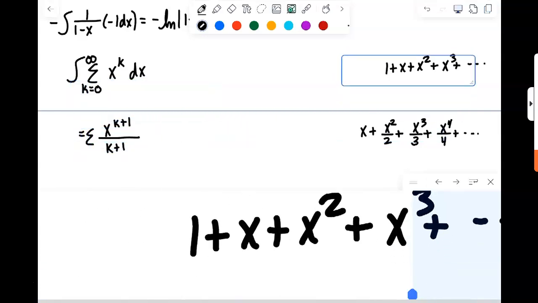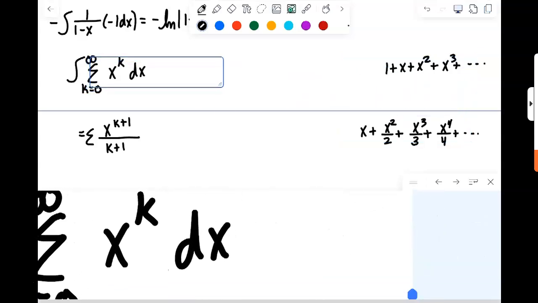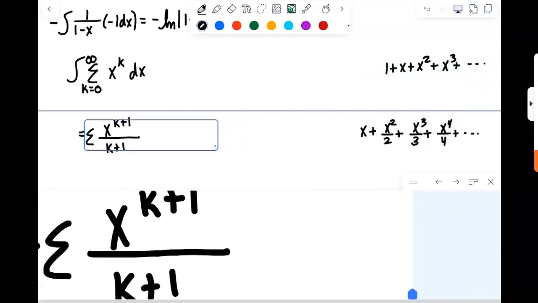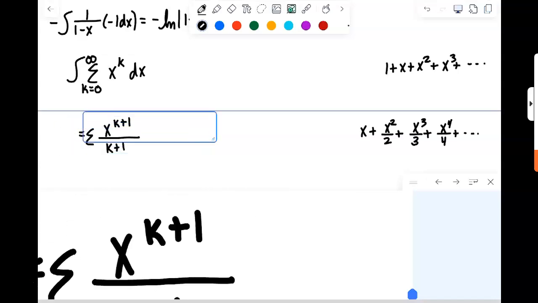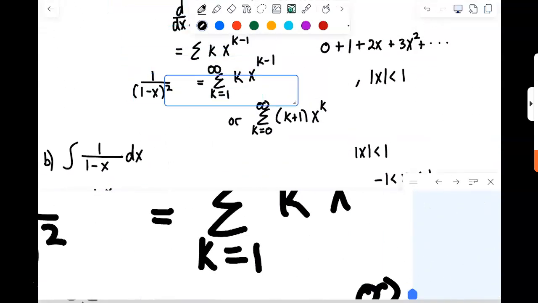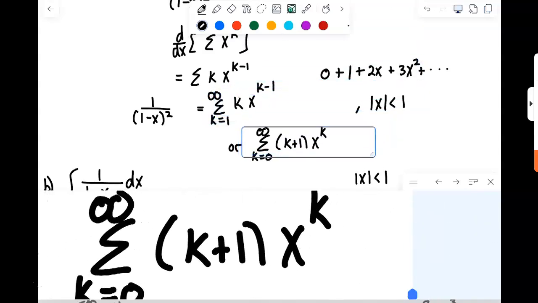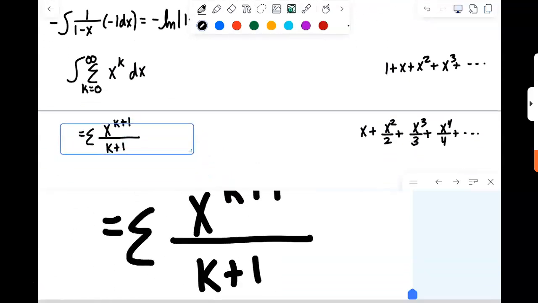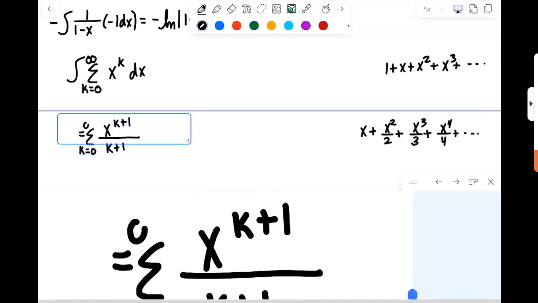We didn't lose anything with 0. The 1 becomes an x to the first. So we're okay here. We have the sum as k goes from 0 to infinity. Unlike with the derivative one, where we had to rearrange it and make an adjustment to our coefficients, that's not the case here. Everything's actually okay, so we're still on k equals 0 to infinity.